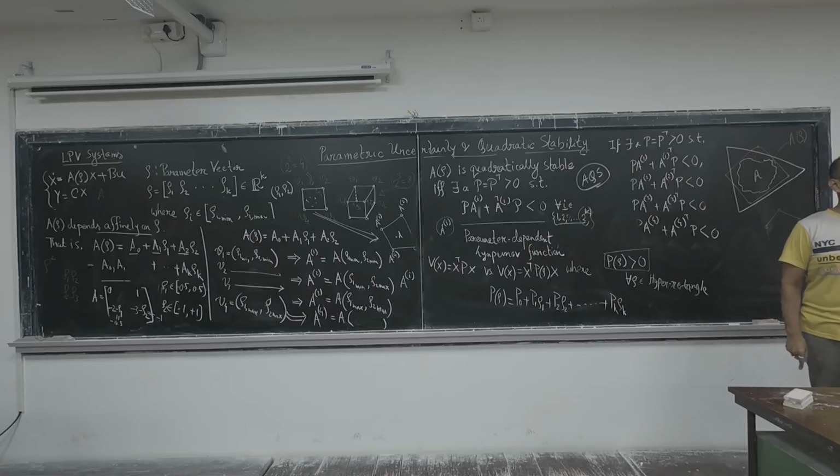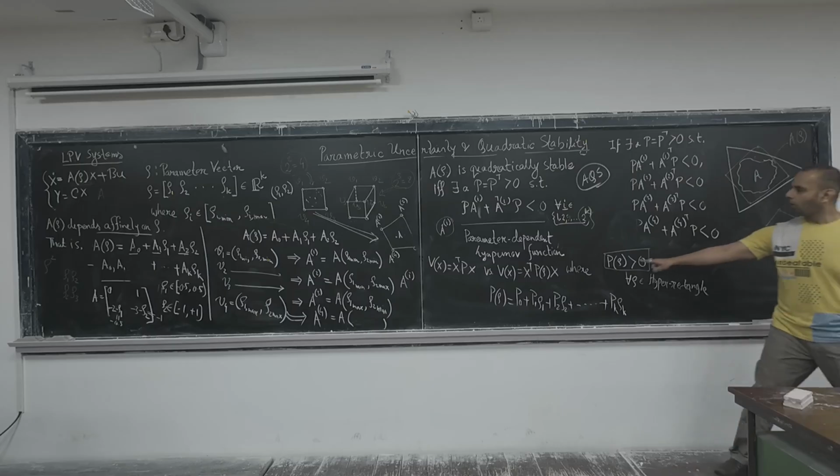Now that criterion or restriction has been simplified. So from the quadratic stability concept we have moved into affine quadratic stability. Affine quadratic stability means that instead of one single P, now your P matrix has also been parameterized. That is the first concept. Instead of a single constant P matrix, it has been parameterized, P of rho.